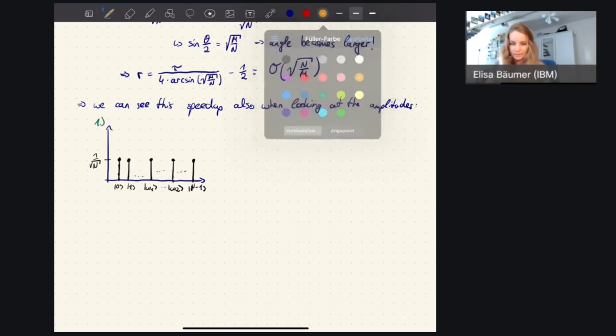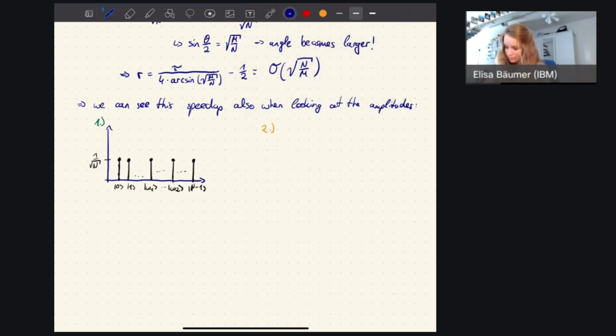But then in the second step, well, now we flip not only one amplitude, but we actually flip all of the winning elements' amplitudes. So we have the amplitudes here that stay the same for most of the states.